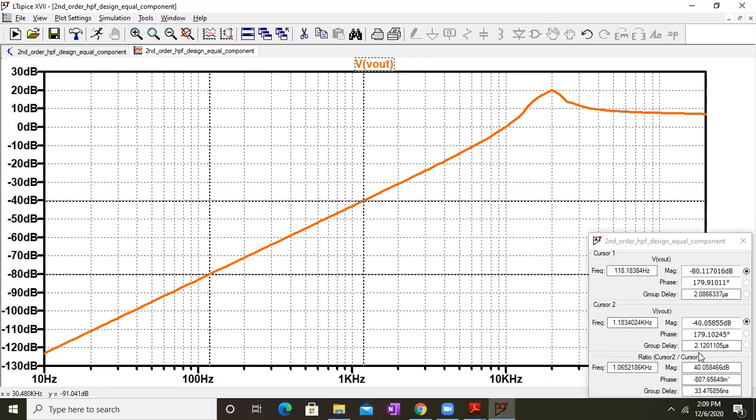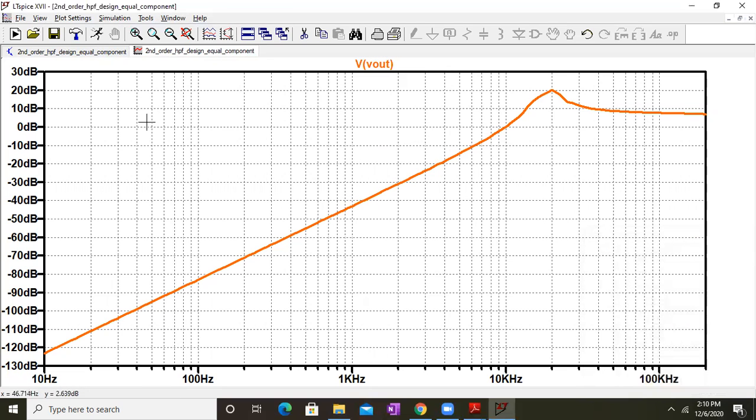As you can see very clearly, if there is a 40 dB change, the frequency is changing from 118 hertz to 1.18 kilohertz, and there is a clear indication that if the frequency is increased by a decade, your gain is increased by 40 dB. From minus 80 it has gone to minus 40 dB. So it's a clear indicator that the rate at which the gain is increasing below F naught is around 40 dB per decade. So the roll off rate for a second order high pass filter is 40 dB per decade.